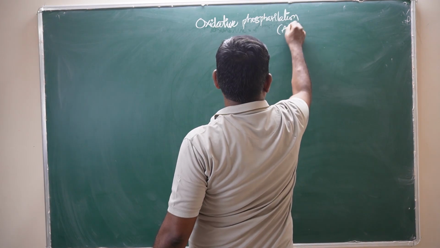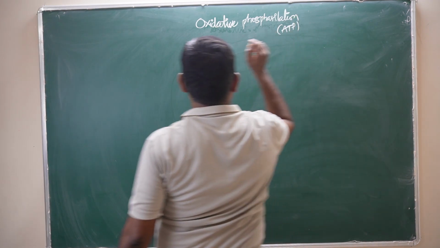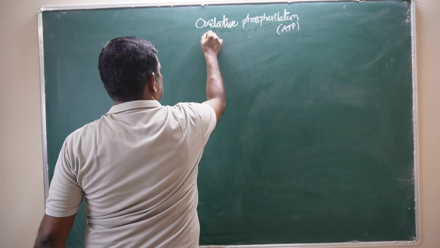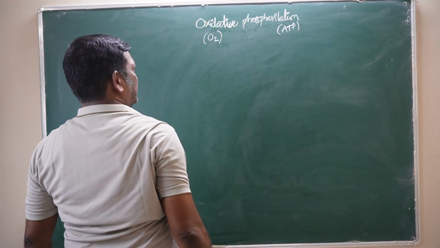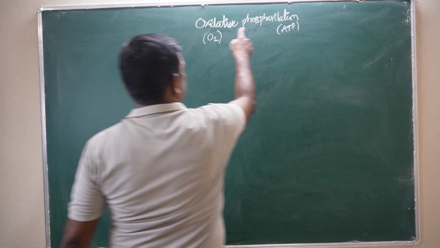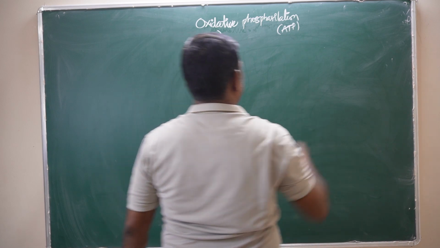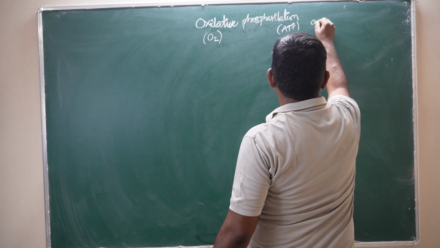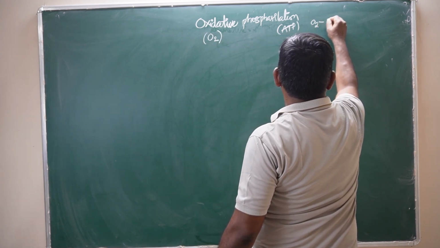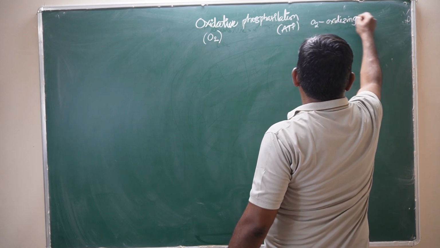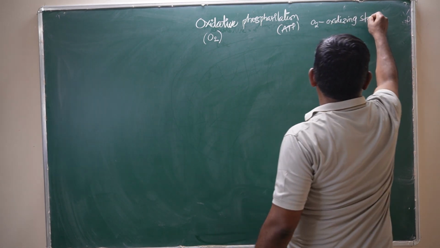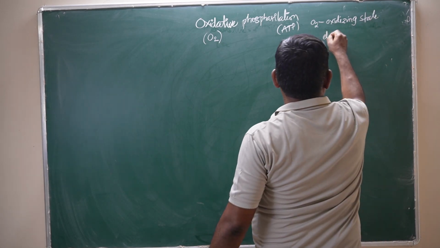It is nothing but ATP synthesis, phosphorylation in the presence of a high oxidizing agent, that is oxygen. That's why it is called oxidative phosphorylation. Here the oxygen is involved, which is in a high oxidizing state.